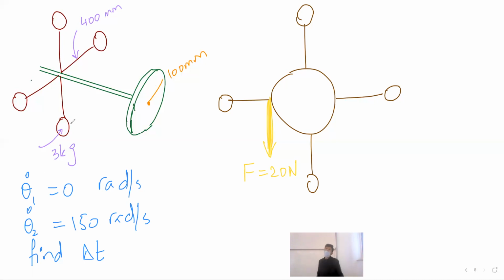Which theta dot are we talking about all this time? What did you say? You mean this one? Okay. What about Umut? Which theta dot are we talking about? Is this theta dot different than this theta dot?